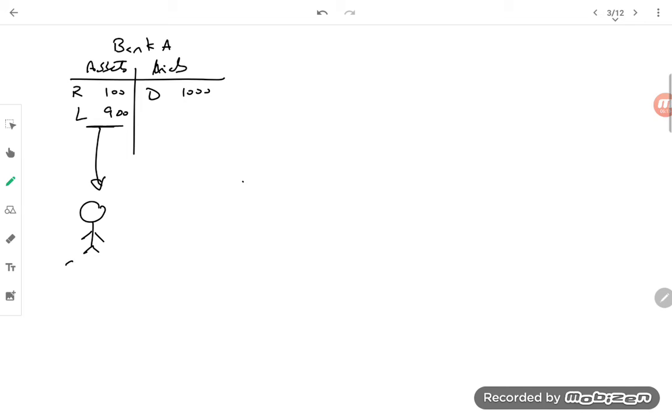This loan is taken by Samson. As we said that there is no currency in circulation, Samson is not going to hold this money, but he is going to deposit it in another bank.